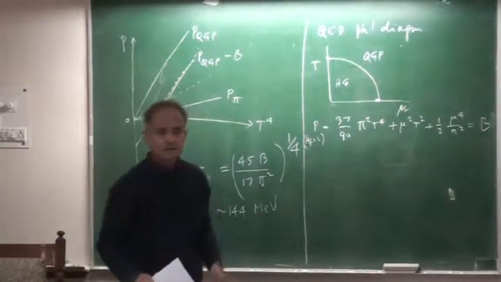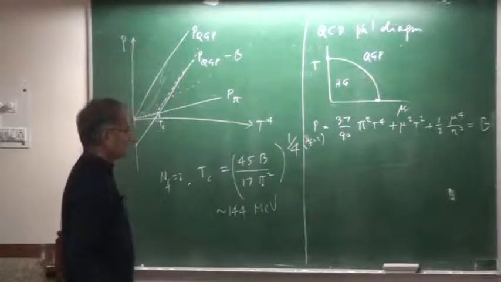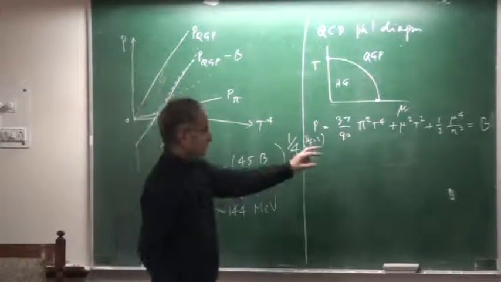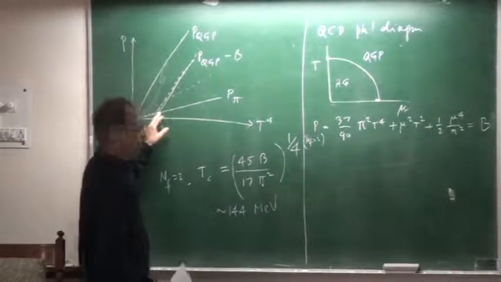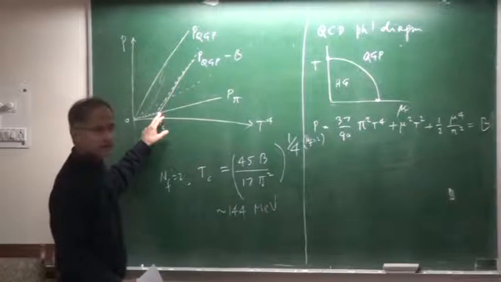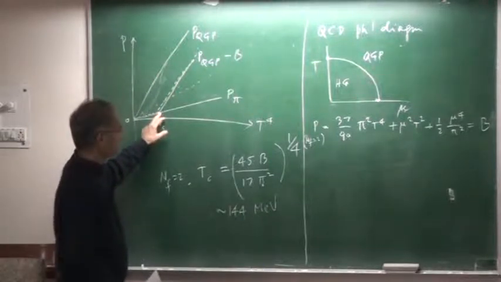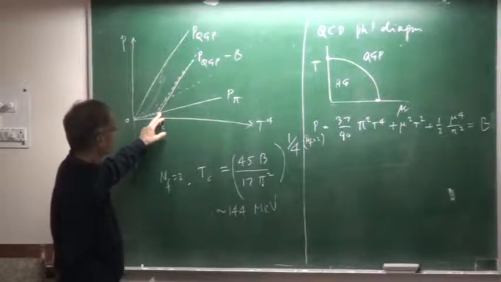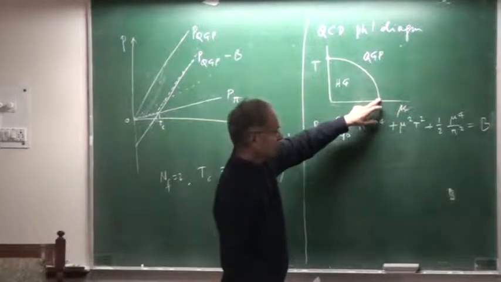I'm confused. Now are you using the criterion that he was saying, that the QGP pressure equals back pressure? No, I'm equating the two pressures, using the same idea here. Earlier your criterion for QGP was that the pressure P_QGP minus B should be greater than P pi. Now your criterion is P_QGP greater than B. On this line, they are equal, right?